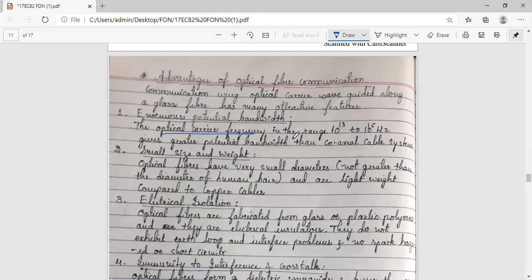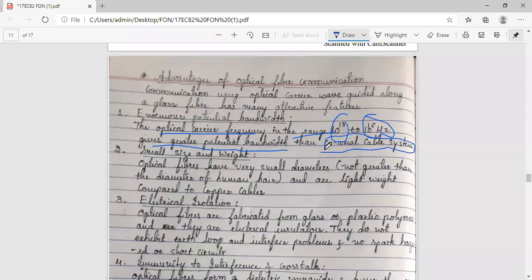The optical carrier frequency for OFCTs is in the range of 10 to the power of 13 to 10 to the power of 16. So it gives a greater potential bandwidth than the coaxial cable system.